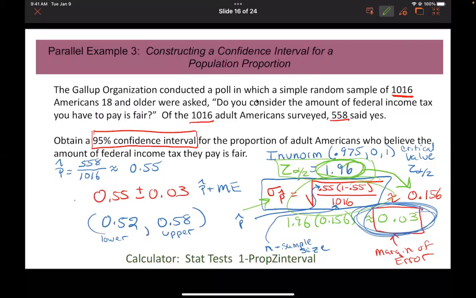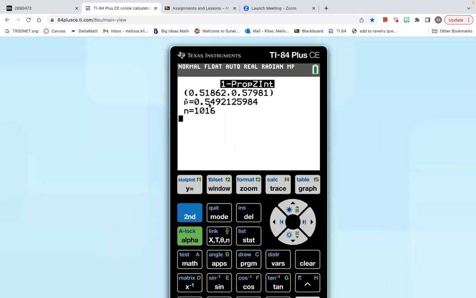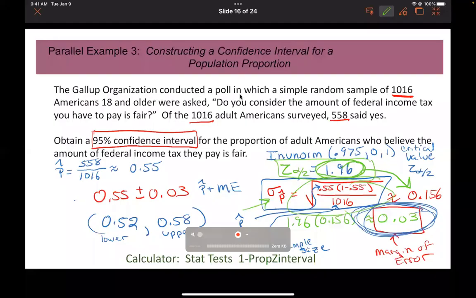Your calculator even gives you your p hat. So I could have just taken this number right here and subtracted the p hat from it, and that would have given me my margin of error, right? So that's even easier than what I did. You just subtract the p hat that it gave you from that number to get the margin of error. So bam, you got this.